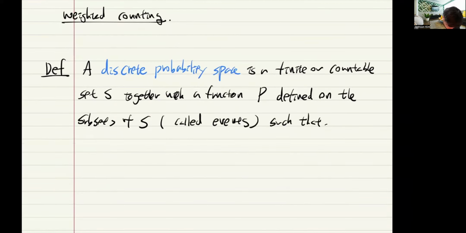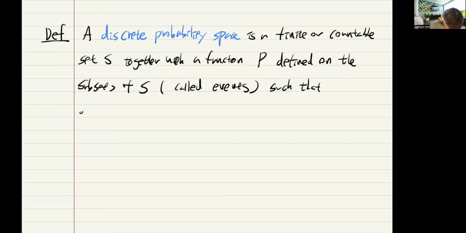If we consider a non-discrete one, we have to define which sets are measurable or not, but here we don't have to. We only care about the discrete space.